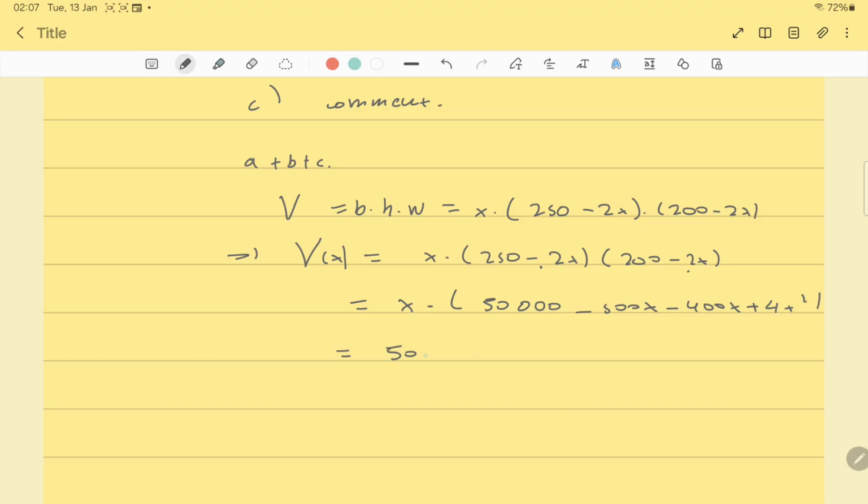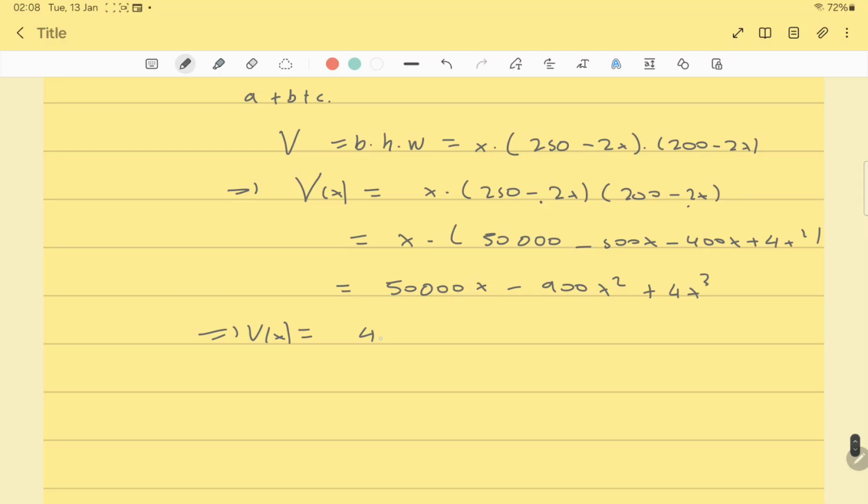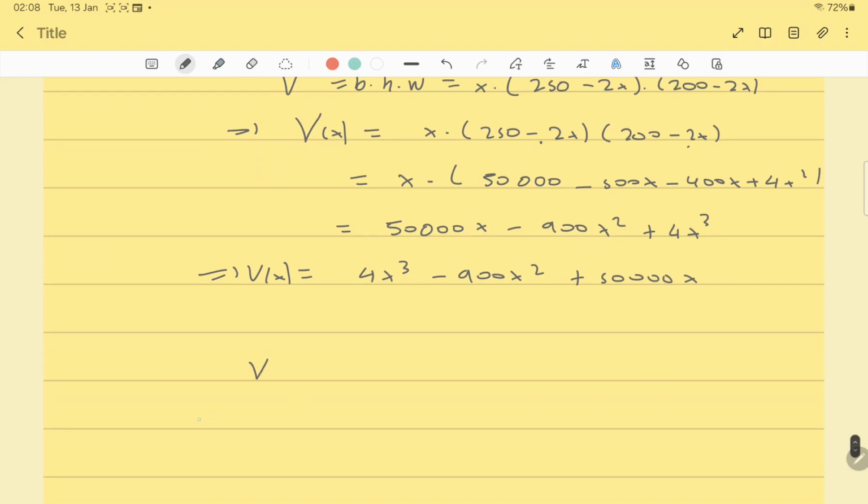That's going to be 50,000x minus 900x squared plus 4x cubed. So let me write it the other way around, 4x cubed minus 900x squared plus 50,000x. You work out with the derivative.